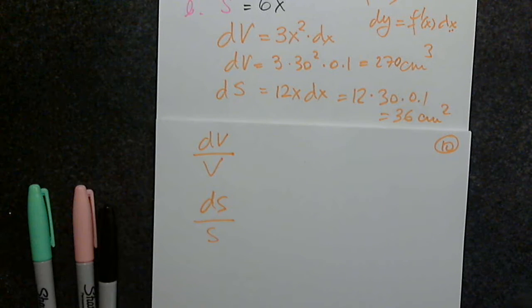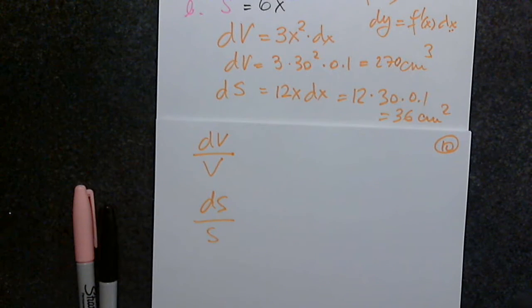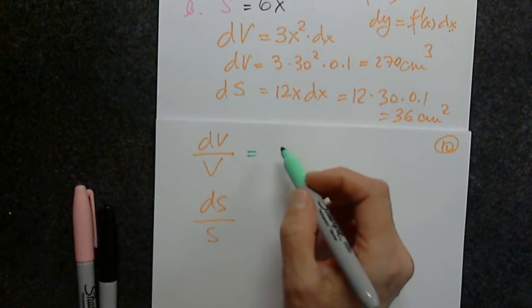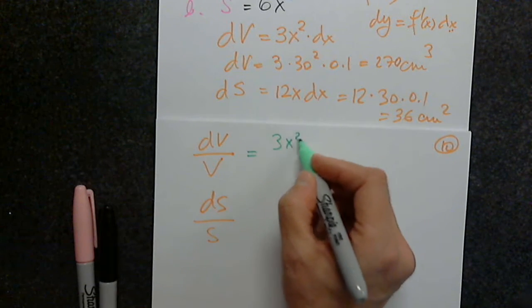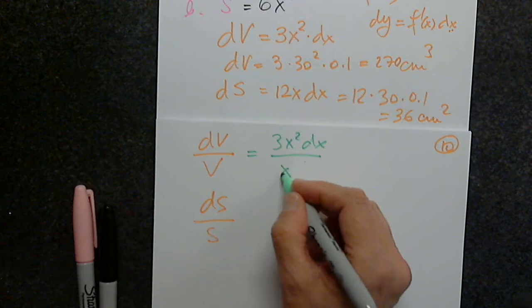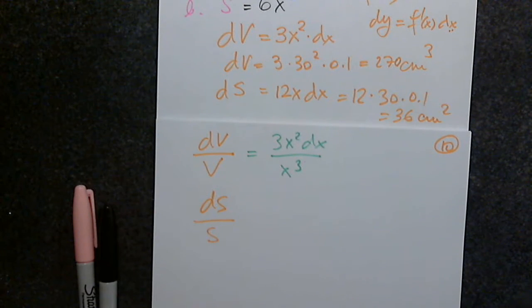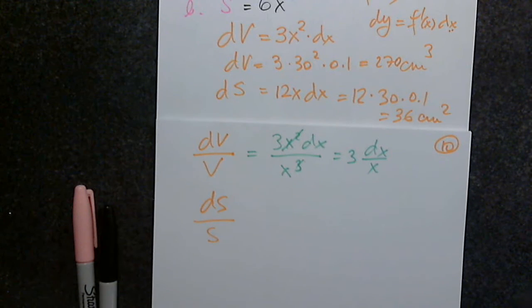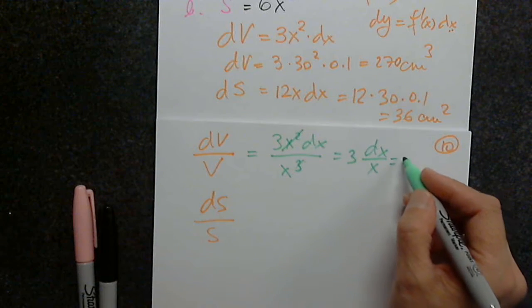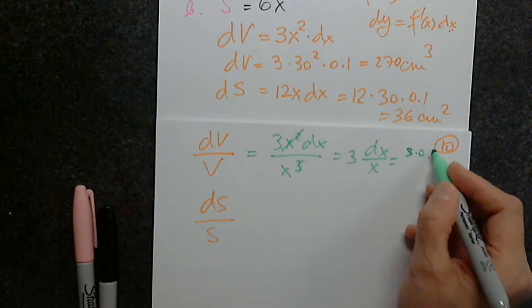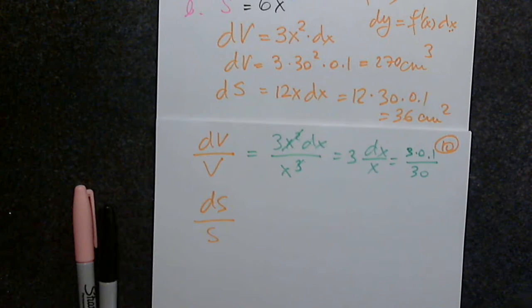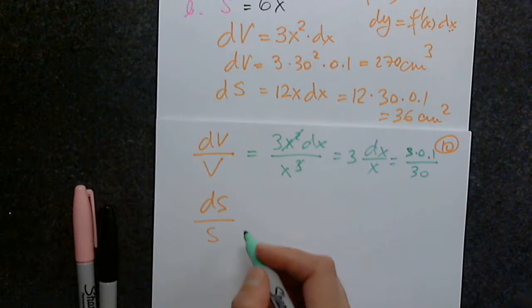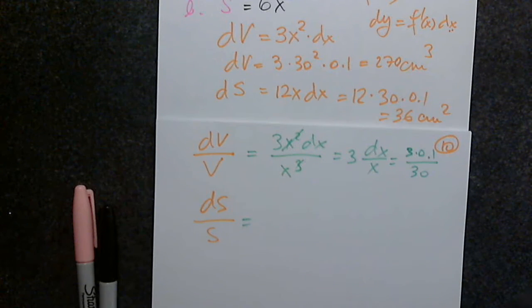Good. So now with dV, I want to do the exact same thing we did before. So dV was 3x squared dx divided by V, which is x cubed. Just to see that this is 3 times dx over x. 3 times as much. So dx is 0.1. So 3 times 0.1 divided by 30. And the same thing with dS over S. And then we'll change it into a percentage.